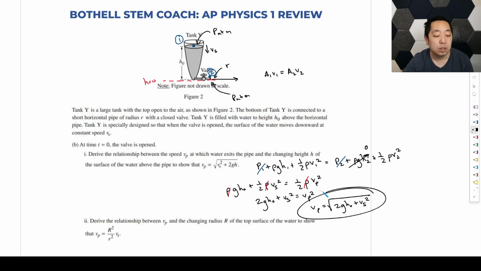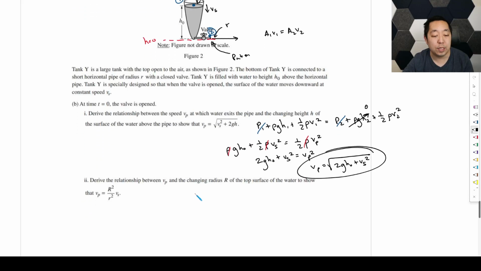Next: derive a relationship between Vp and the radius R of the top of the surface. So now that we know the velocity here and here, we can then do the continuity equation, right? The top of the surface, the area is going to be pi R squared. V1 is going to be Vs. And then down here, it's going to be pi times little r squared. V2 is going to be Vp.